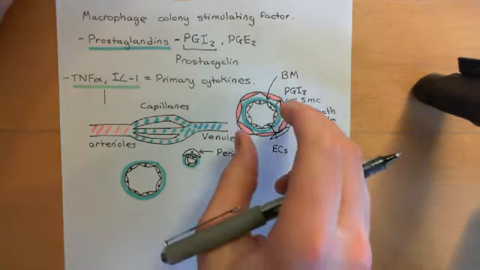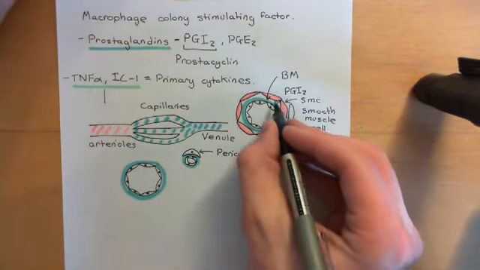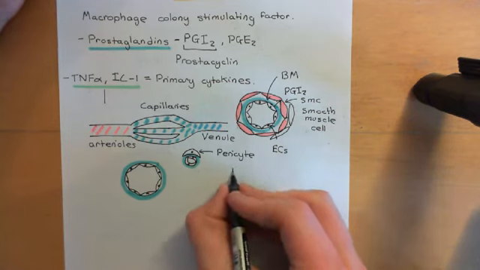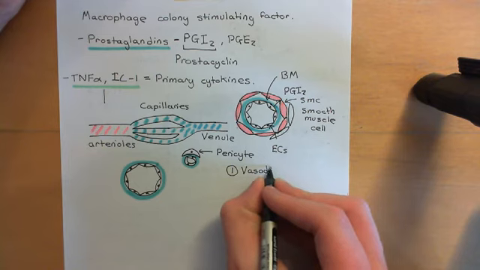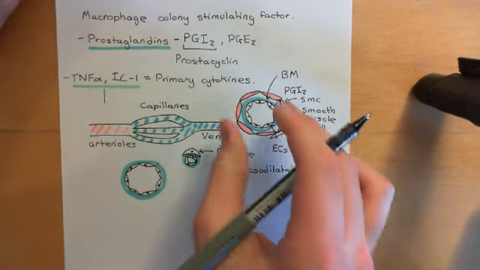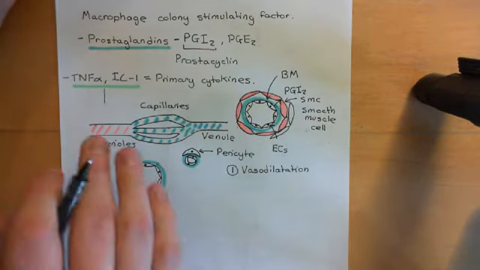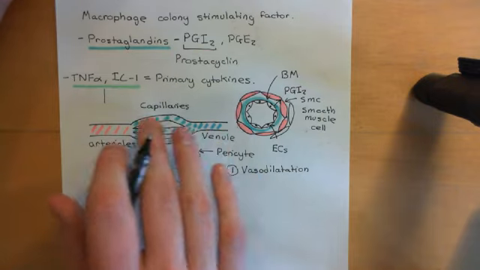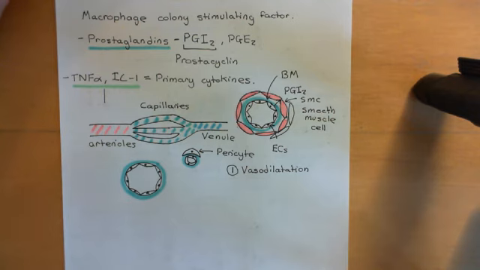So that's one of the things that these 2 molecules now cause. They cause the vasodilatation, so I'll put that in this list here. One of the things that these 2 molecules are going to cause is vasodilatation of the arterioles. That means now that more blood is going to be able to flow through the arterioles, and therefore more blood is going to be flowing through the capillaries, and therefore blood supply to the affected area is now going to go up. So we've raised blood flow, that's the first thing.